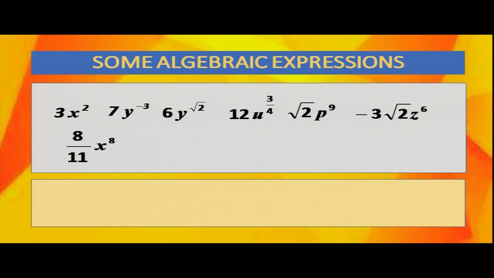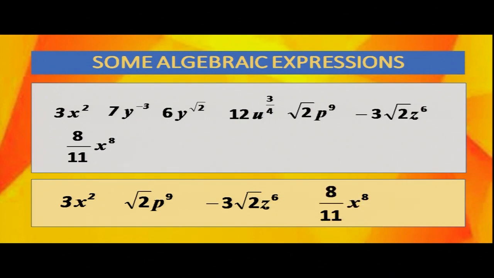These are all algebraic expressions. Out of these, 3x squared, root 2 p to the power 9, minus 3 root 2 z to the power 6, and 8 by 11 x to the power 8, these four algebraic expressions are called monomials.